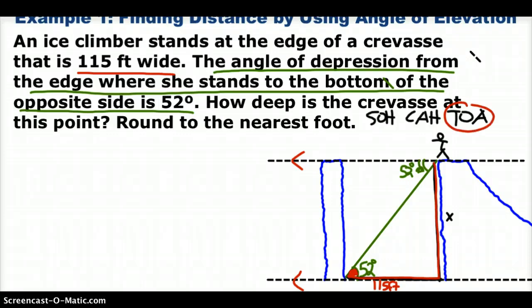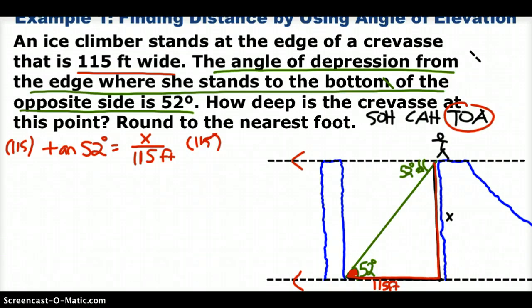So we're going to say that the tangent of 52 degrees is equal to opposite over adjacent. So it's x over our adjacent side, which is 115 feet. Sorry, I got a little ahead of myself. We don't have to write the feet there if we don't want to. To solve this problem, we'll multiply both sides by 115.